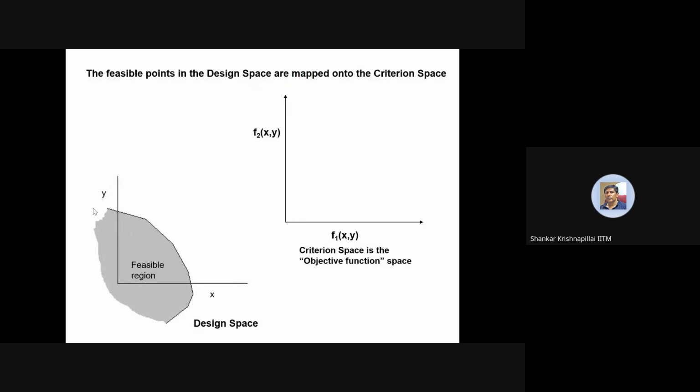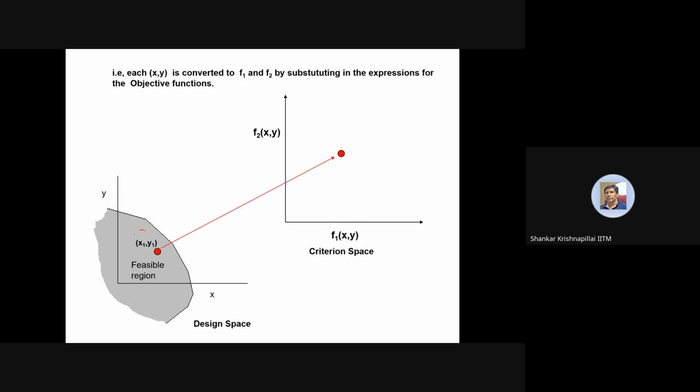Now the feasible points in the design space are mapped into the criterion space, or objective function space. Criterion space is nothing but objective function space, where on the x-axis you have f1(x,y), and on the y-axis you have f2(x,y). So every point here, x1 y1, has to be converted to f1 f2 coordinates.